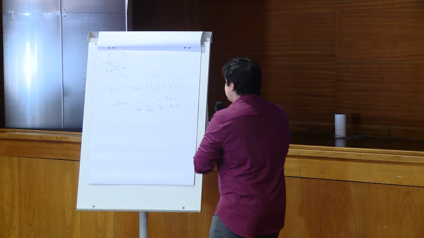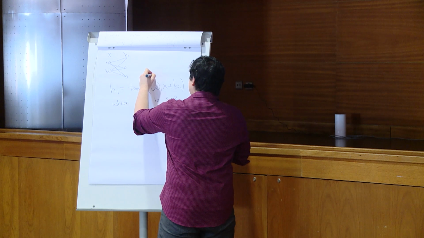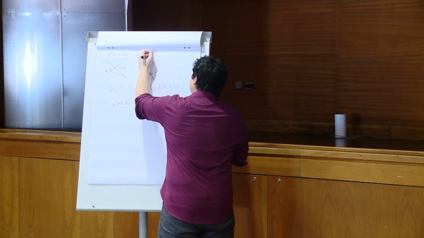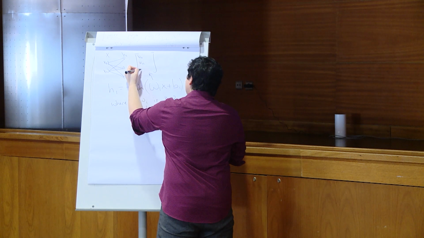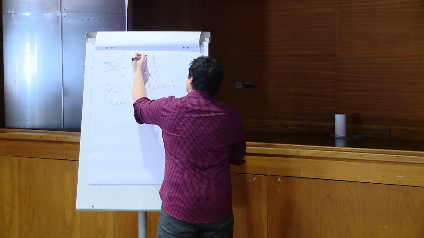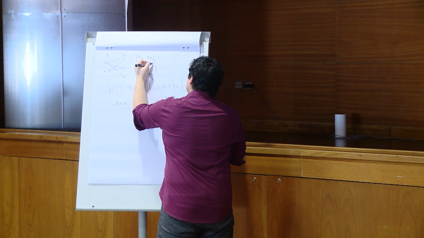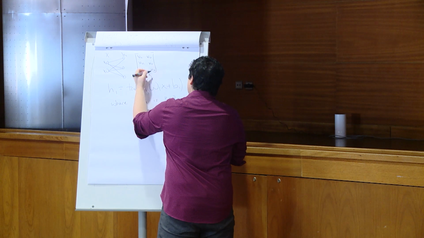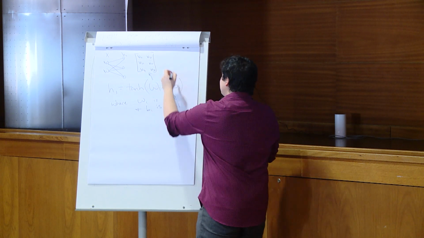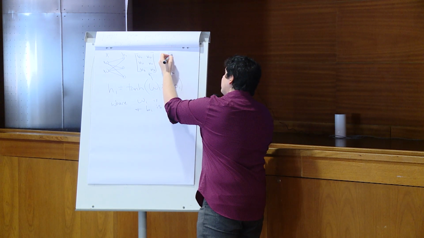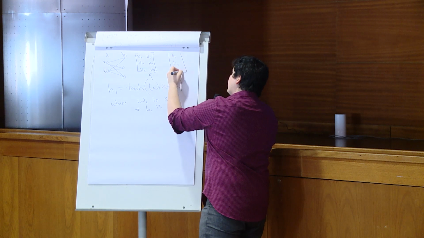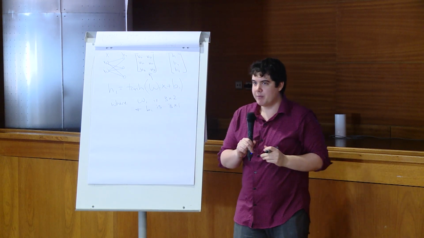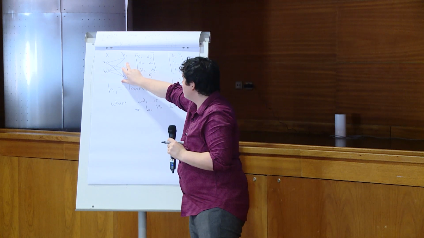What it means here is that this is a matrix which has W11, W21, W31, W12, W22, W32. It means that this is a matrix with 6 numbers in it, and this is b1, b2, b3. This is a vector with 3 numbers in it. So this picture, this is what it means.